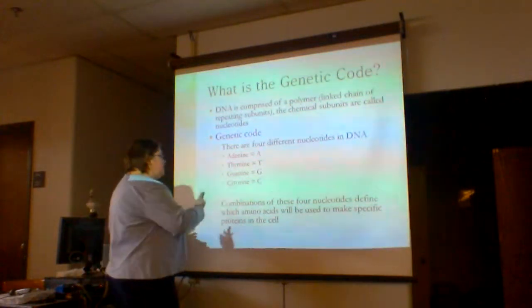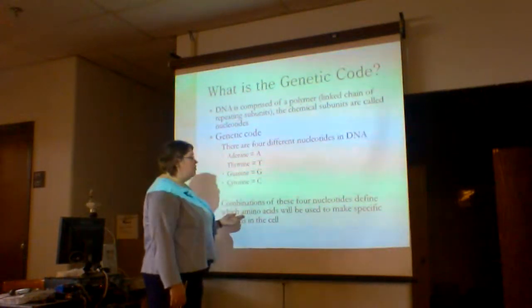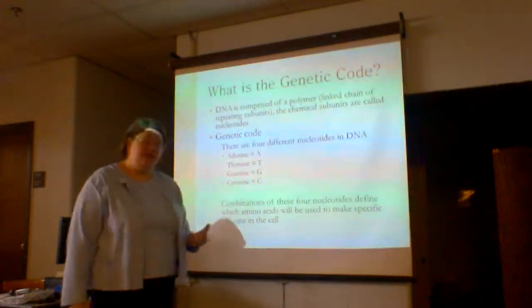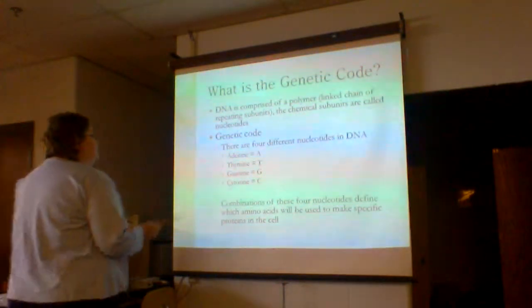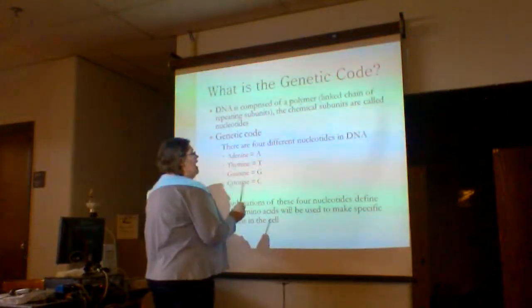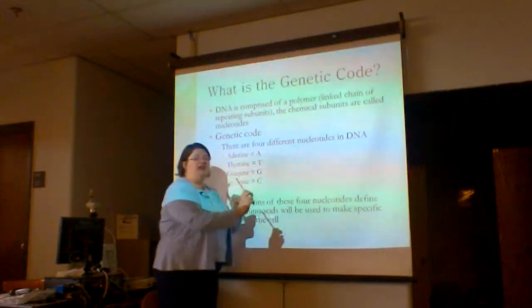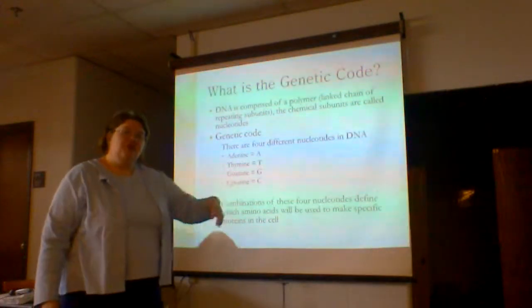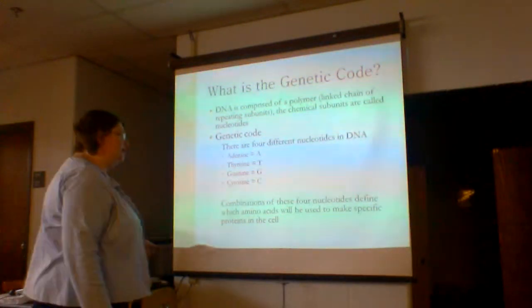The specific sequence tells which amino acids are going to get incorporated into a protein. So the genetic code is basically how we take the nucleotides in DNA and make a protein. Translation, how we translate the code into a protein.